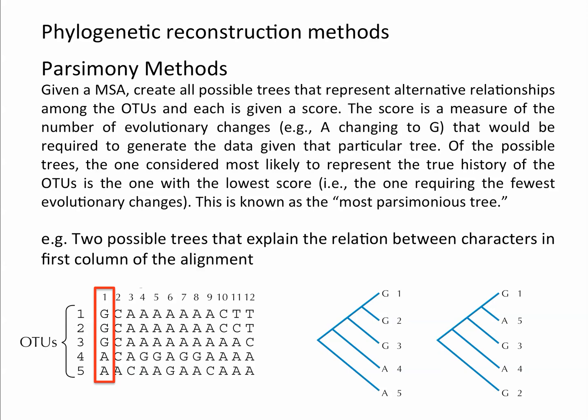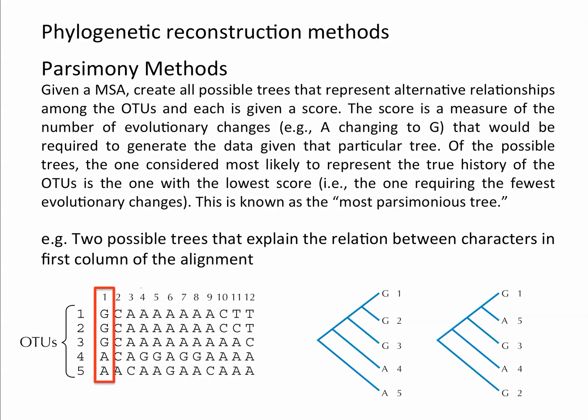In parsimony methods, you compare all possible trees that generate a set of aligned sequences, and each is given a score that is equal to the number of character changes that would be required to produce that tree. The optimal tree is considered to be that which requires fewer changes, the most parsimonious one.